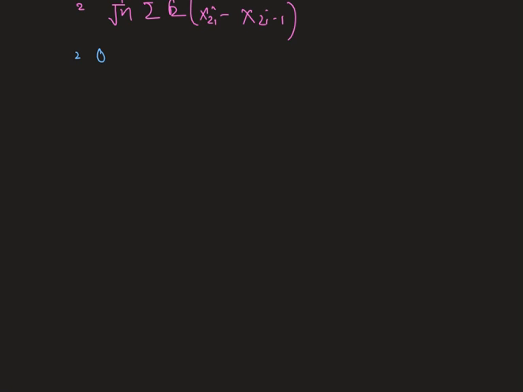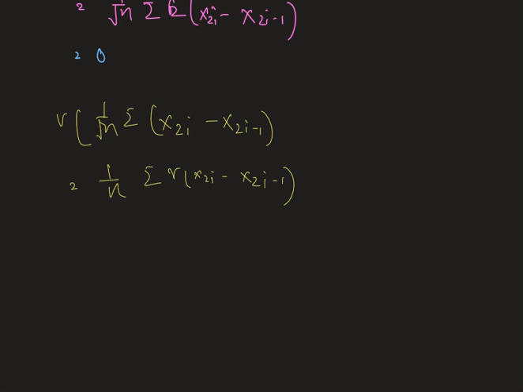Now let's calculate the variance of that given expression. Hence we get 1 by n sum over variance of X2i minus X2i minus 1, and the variance results in 2. Therefore 2n divided by n, hence we get the variance is equal to 2.